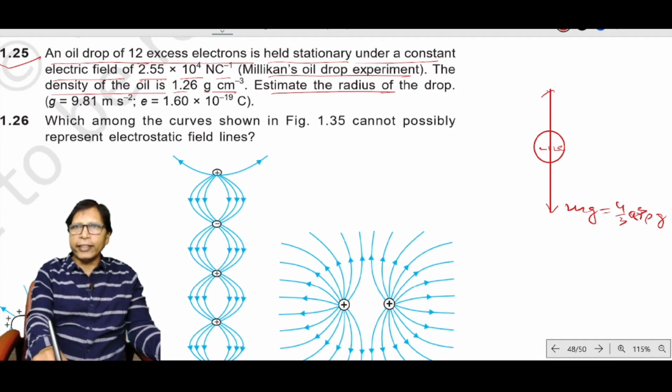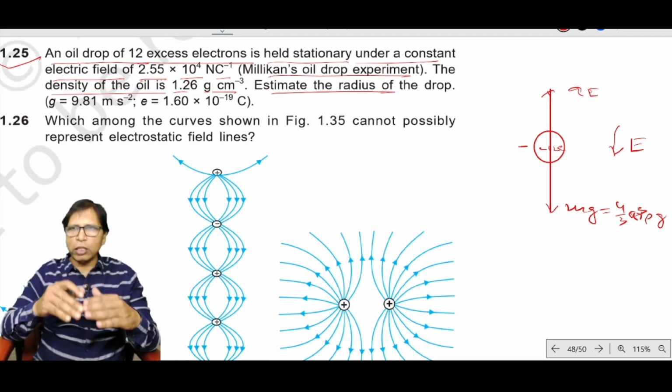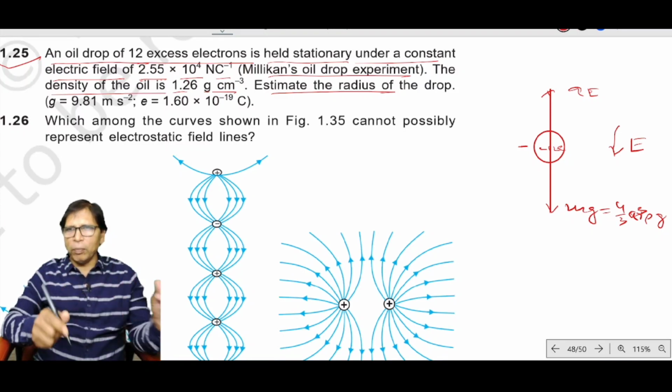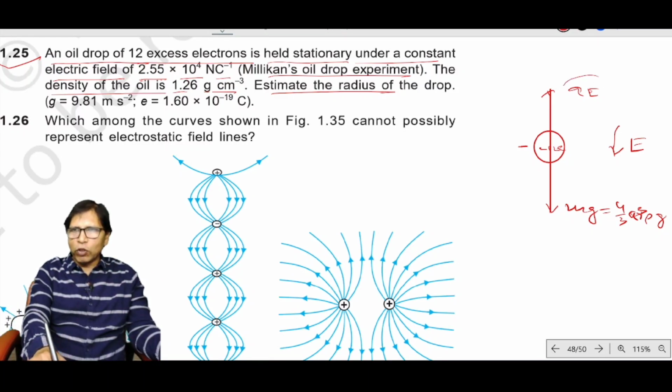And there is the electrostatic force, qE. Here the electric field is directed downward, because the negative charge experiences force opposite to the direction of the field. As it is in equilibrium, electrostatic force is equal to gravitational force.